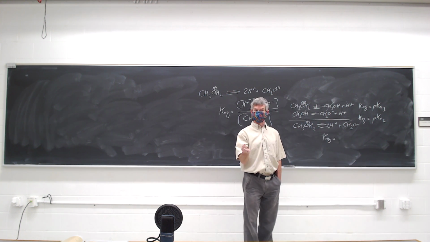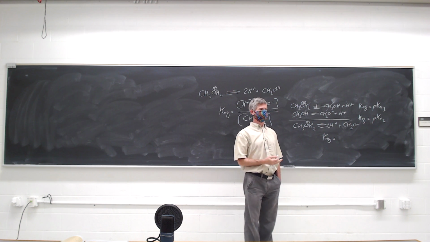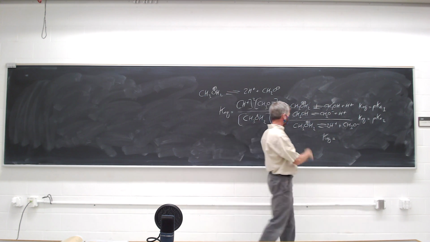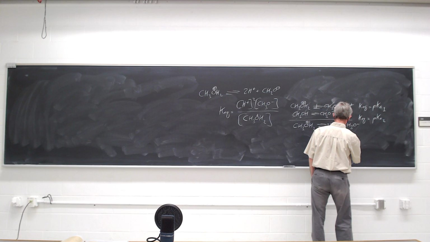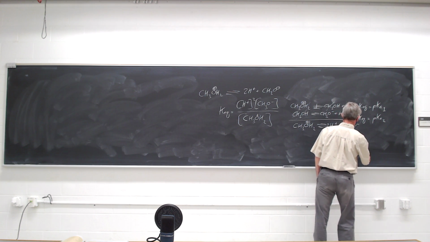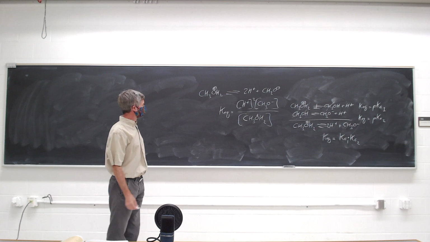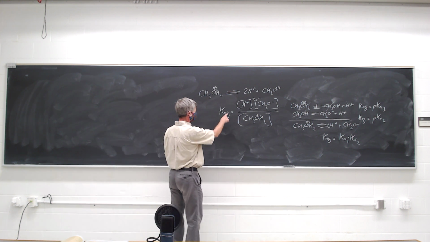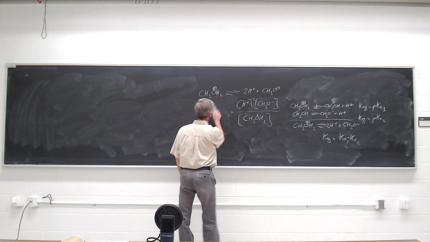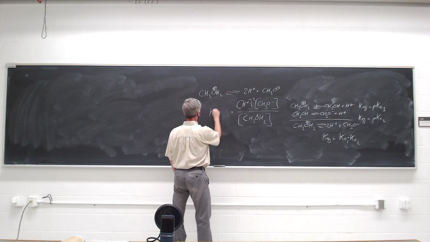What do you do to equilibrium constants when you add reactions? You multiply them. Enthalpies, those are state functions, you add them. With equilibrium constants, you multiply them. So the equilibrium constant for that is equal to Ka1 times Ka2. And I can replace Ka2 here with Ka1 times Ka2.